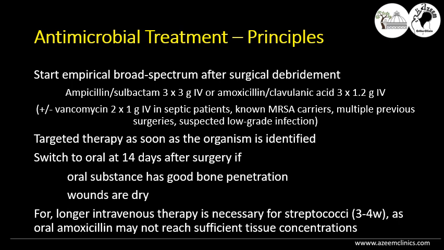Shift to targeted therapy once the organism is identified. Switch to oral after 2 weeks of IV if the oral substance has good bone penetration and the wounds are dry.